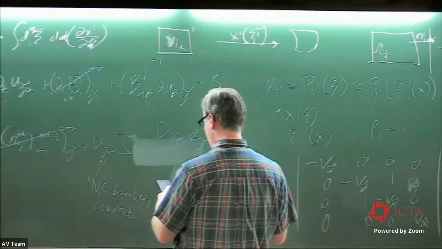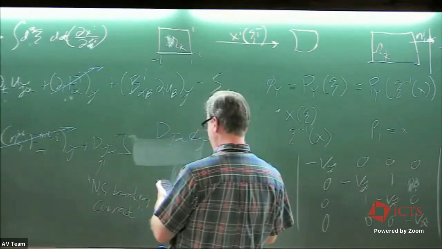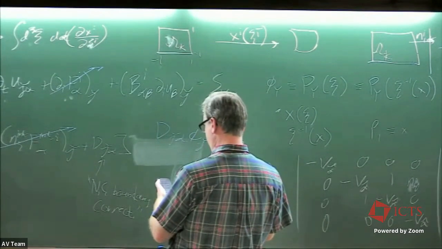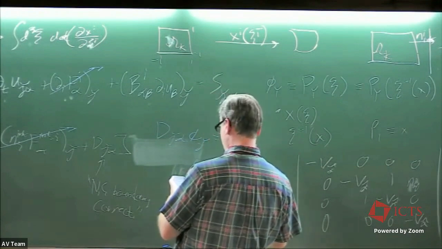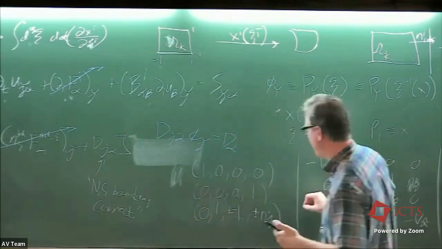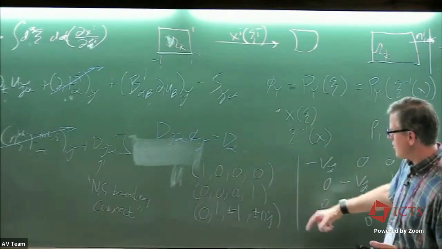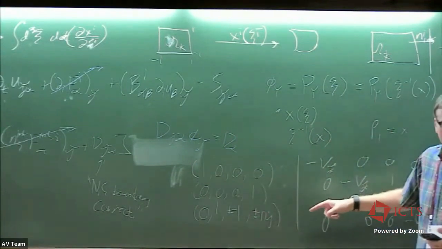And then the last 2 eigenvectors end up being 0, 1, plus or minus 1, plus or minus nj. So the nj does survive in the eigenvectors, just not the eigenvalues. So these are 4 different eigenvectors because one of them uses the plus and one of them uses the minus.